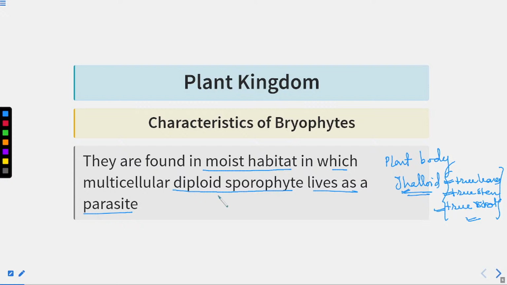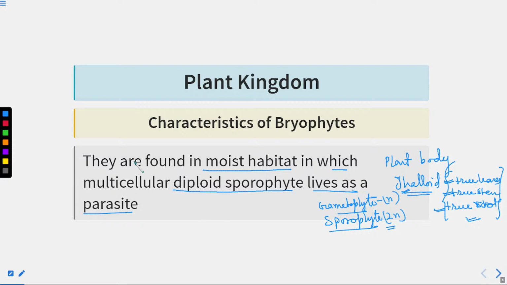And it has two types of plants in its life cycle. The first one is the gametophyte, and the second one is the sporophyte, right? The gametophyte is haploid and the sporophyte is diploid.